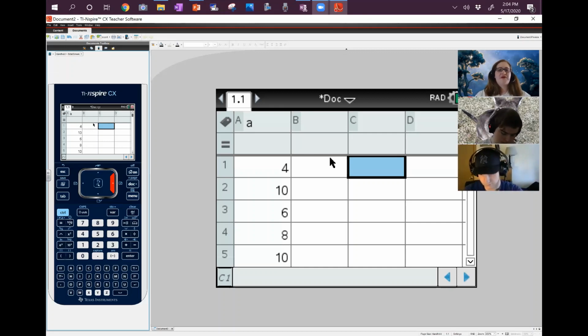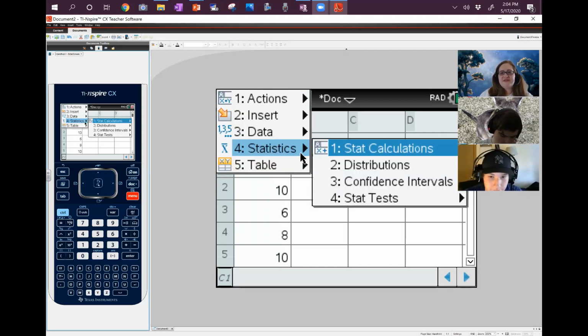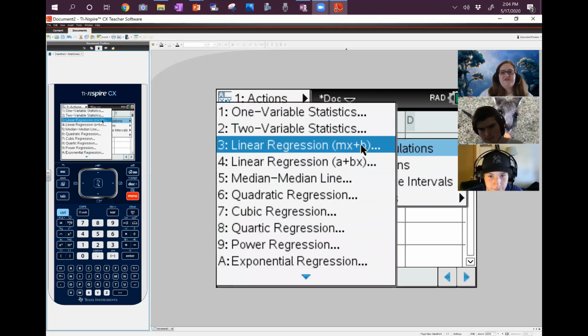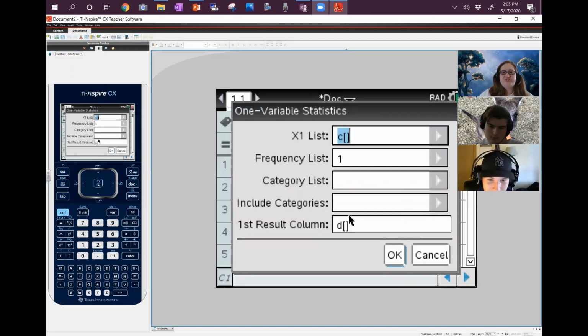Okay, so then we go to menu and statistics, because we're in statistics. Statistics calculations. And today we did univariate statistics. Uni, like a unicorn, has one horn, one variable. Number of lists, just the one.